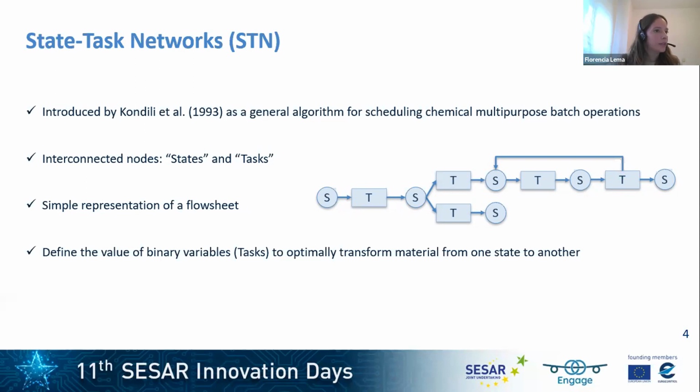And then we have tasks, which are the rectangles and represent the actions we need to take to transform materials from one state to another. The main advantage of this methodology is that it enables a simple representation of a flow sheet. The objective would be to define the value of binary variables, which are the tasks, to optimally transform material from one state to another.